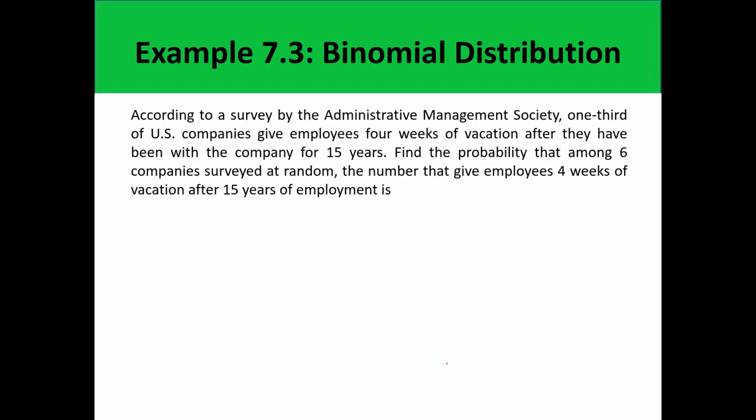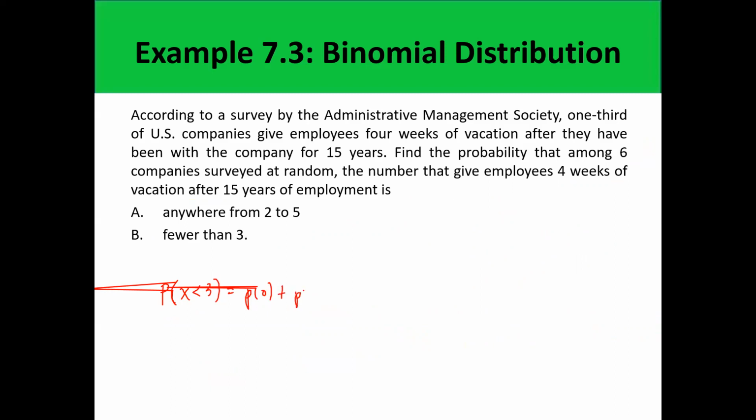Okay, for letter B, we want to know the probability that x is less than 3. So this means that we get P of 0 plus the probability of 1 plus the probability of 2. The probability of 0 is 6 combination 0 times 1/3 raised to 0 times 2/3 raised to 6. And then we add it to the probability that x equals 1, which is 6 combination 1 times 1/3 raised to 1 times 2/3 raised to 5.